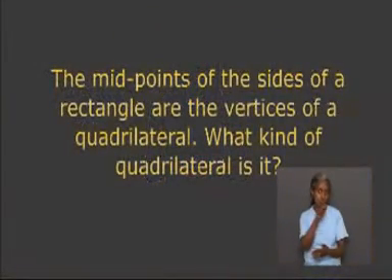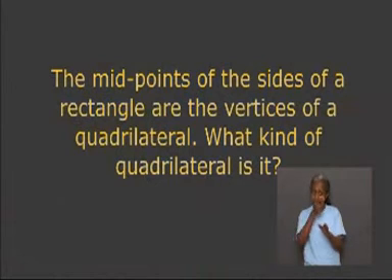You see how to make a geometric proof? We need lots of practice to become skilled. There is time for one more activity, students. Please get ready to answer this question. The midpoints of the sides of a rectangle are the vertices of a quadrilateral.